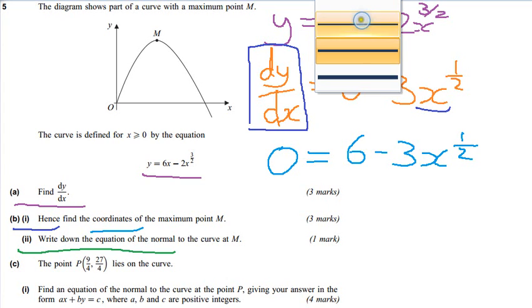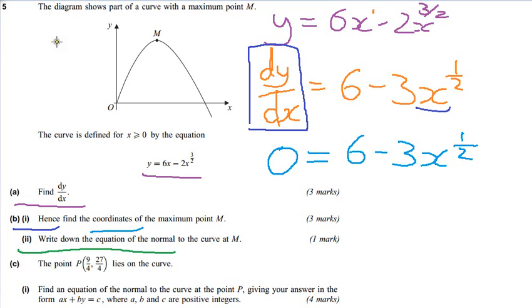So, if we draw a line across here, try and make that roughly right, that would be our tangent at the point M. So the normal is going to be the line that is perpendicular to that line. Not quite right, but it goes straight through and cuts through that line. So what we can do there is 3 steps.